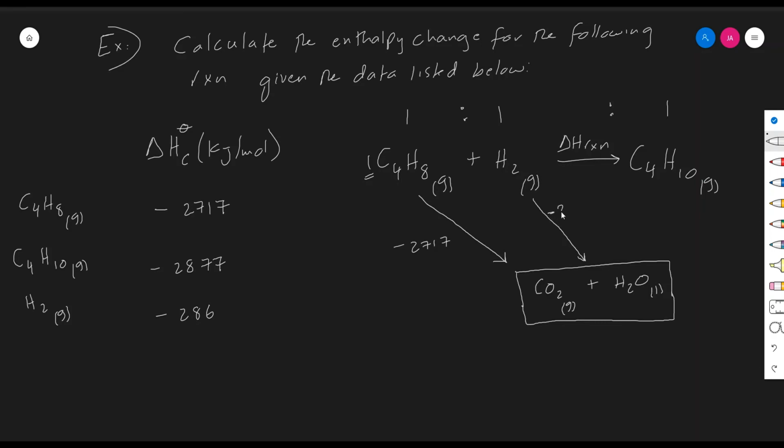This is a negative 286 kilojoule per mole. I'm also given the enthalpy change of combustion of C4H10, the product, to convert 1 mole of C4H10 into CO2 and H2O by combusting it completely in the presence of oxygen. The value for this per mole is negative 2877, and thus once again I do not have to worry about multiplying this by any other factors since I have 1 mole ratio here.